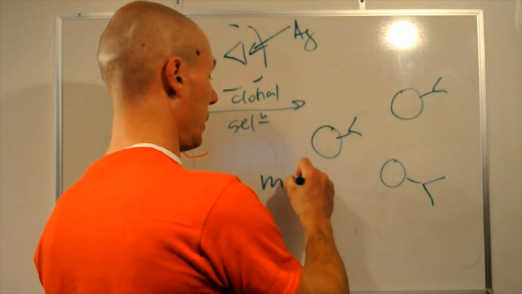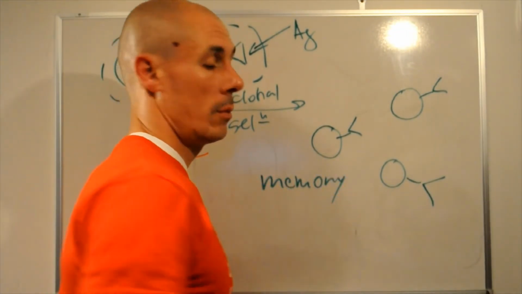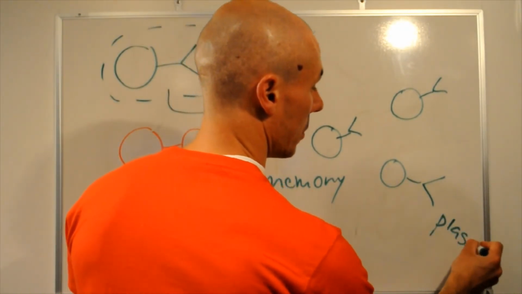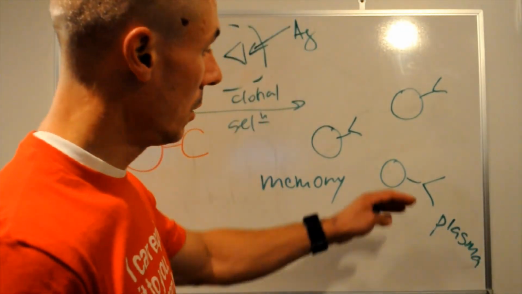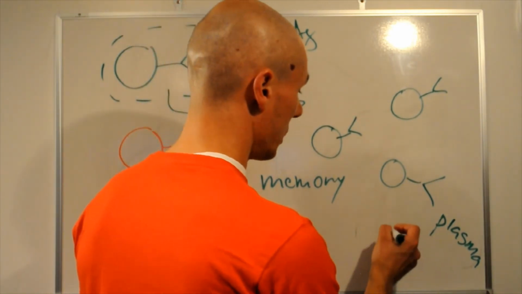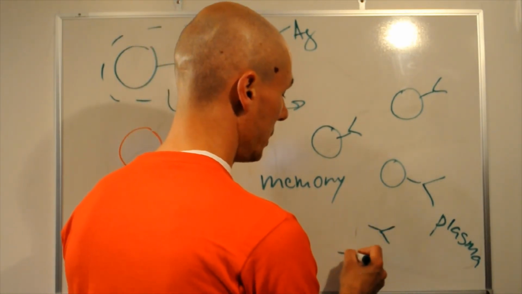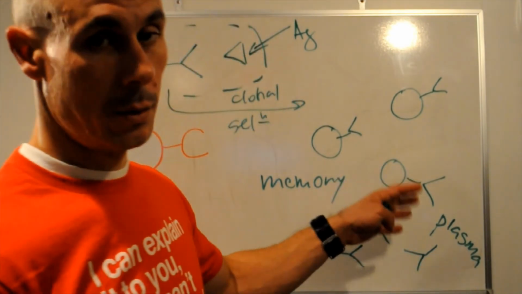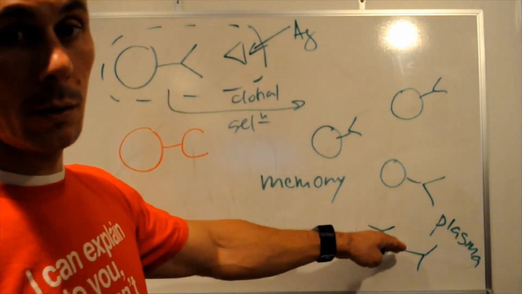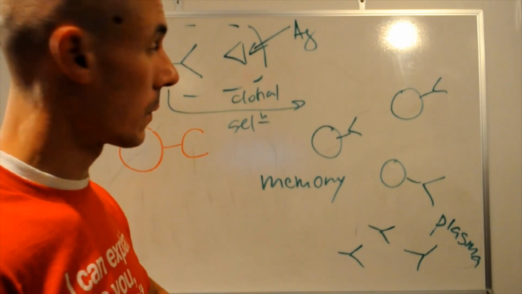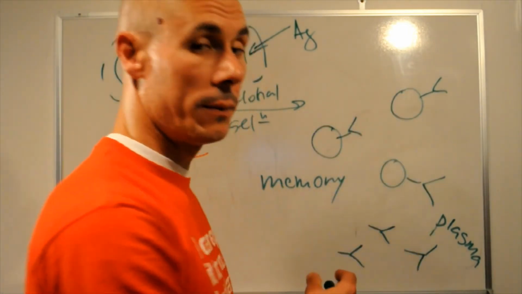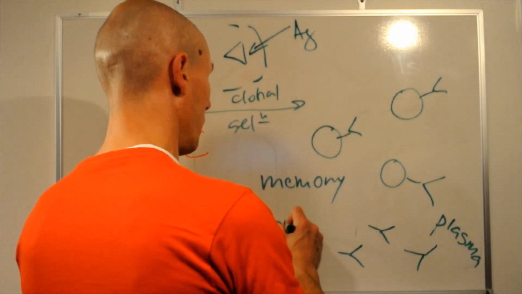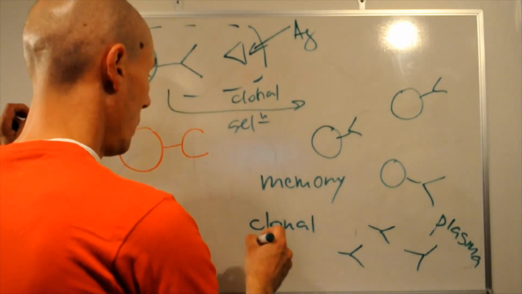So you're going to have a population of memory B cells and the plasma cells. And these plasma cells will start producing antibody molecules that match the antigen at their specificity. So this process of proliferation and differentiation is called clonal expansion.